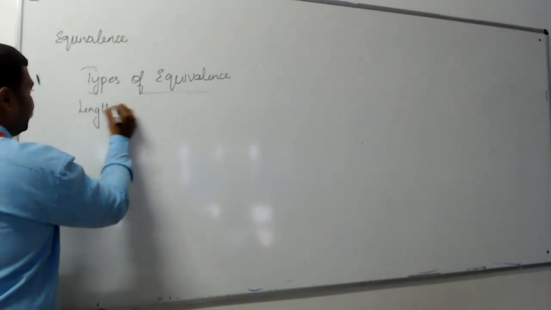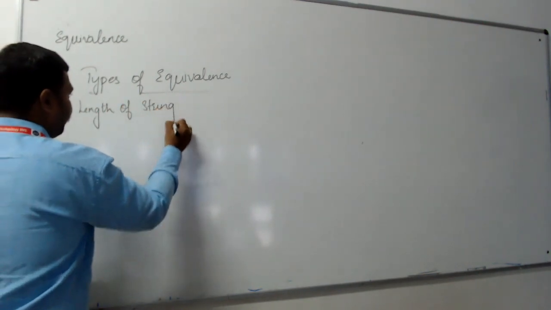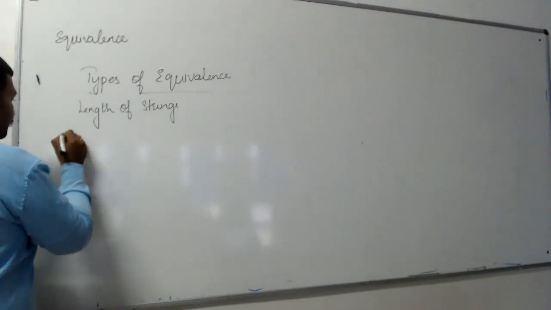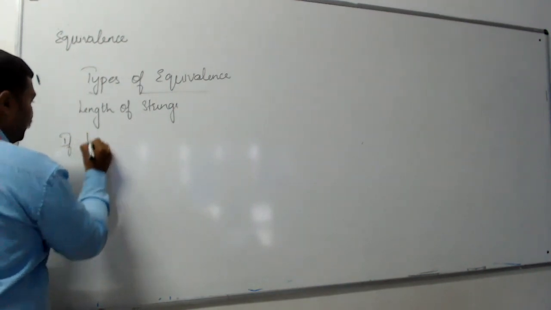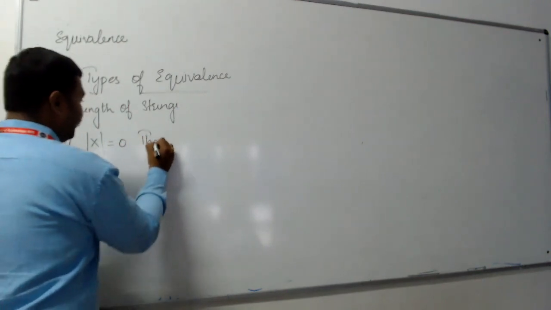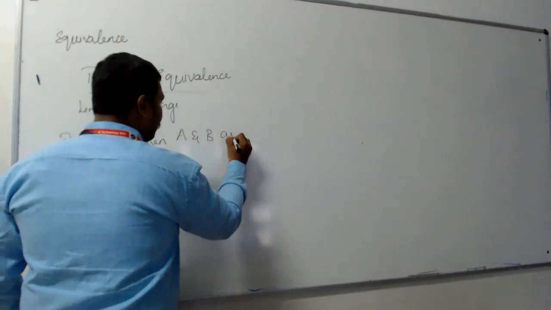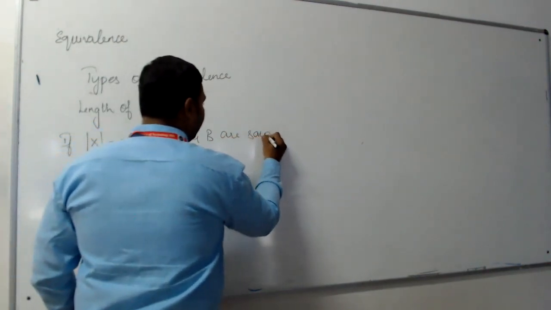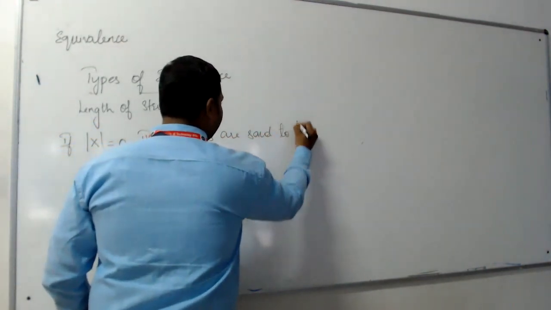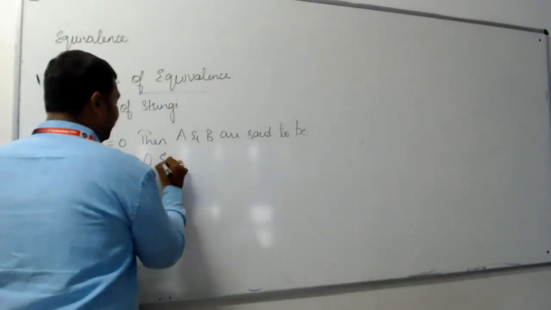If the length of the string X is equal to 0, then A and B are said to be zero equivalent.